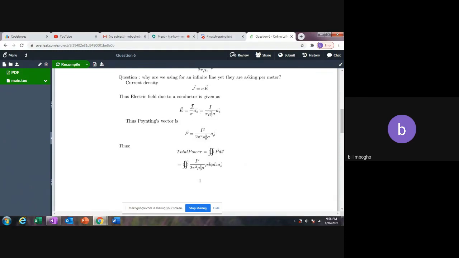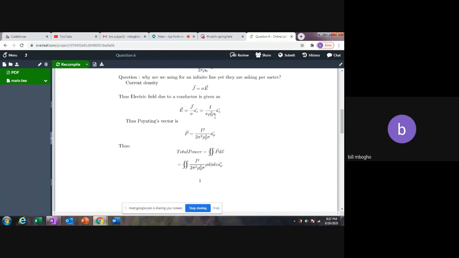J is current density, so current divided by area. And what's our area? Pi r squared, where rho naught is the radius of the wire. So I divided by pi r squared gives us the J. Then you divide that by sigma. And that's it. There's no story to it.